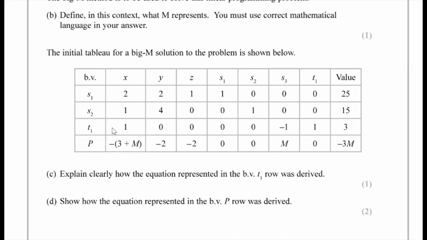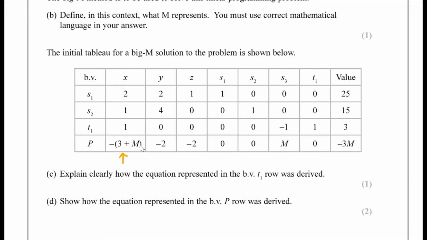Well, if we take a look at our initial table, the most negative value we have is over here, and therefore our pivot value will lie somewhere in this column.